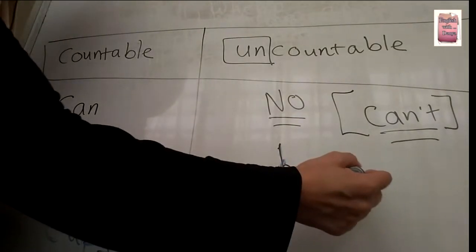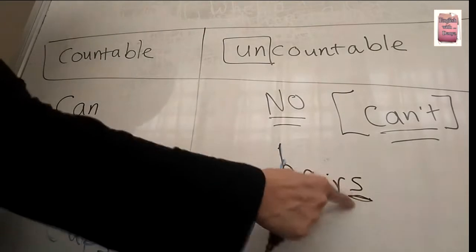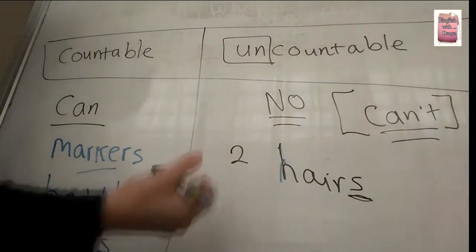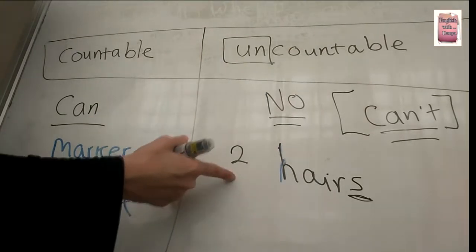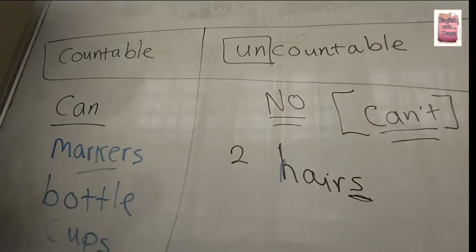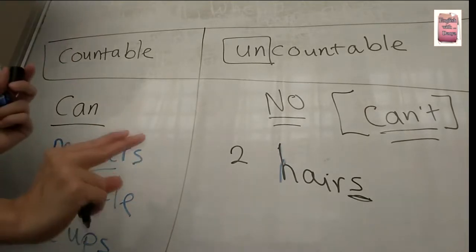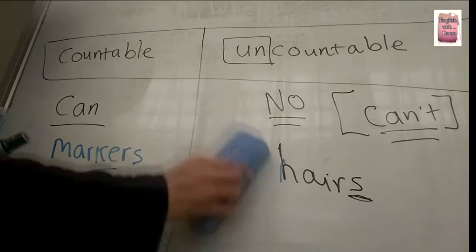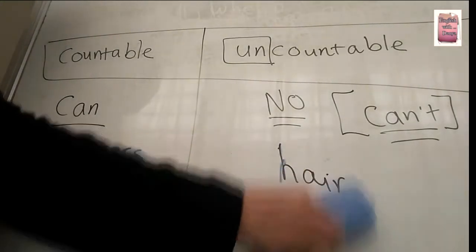So we can't add s. We can only say 2 hairs if you literally have just 2 hairs, only 2. But it's not possible to say that in general. So hair is not countable.